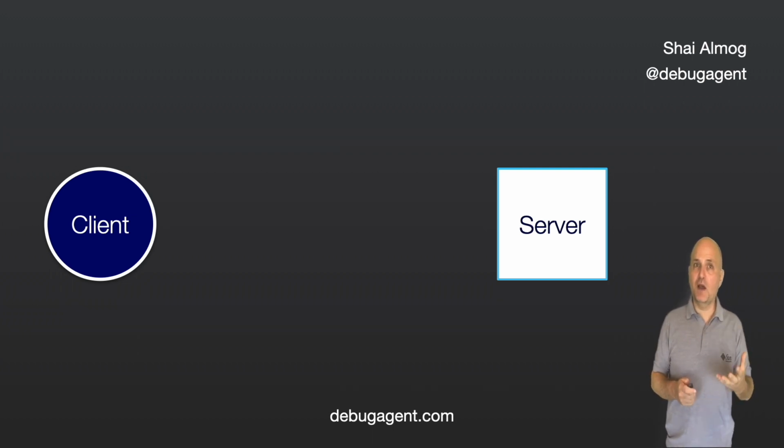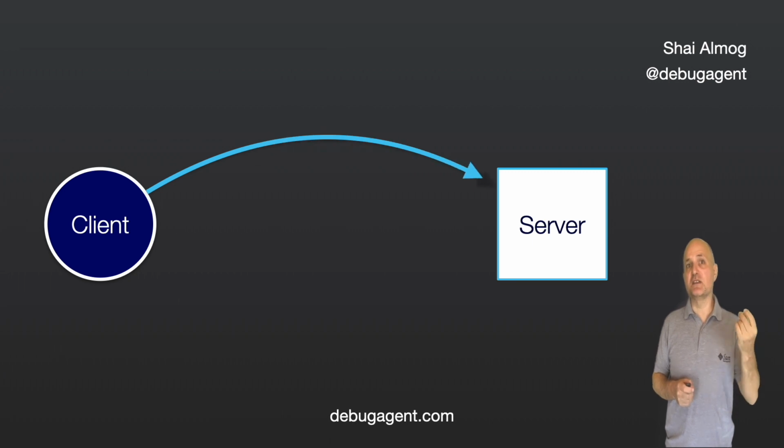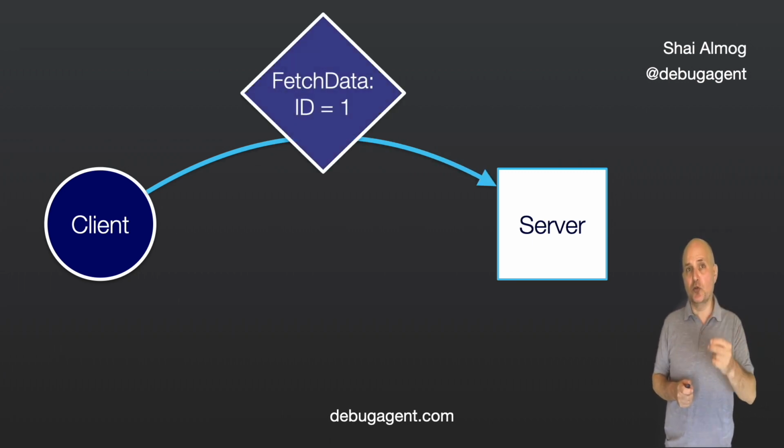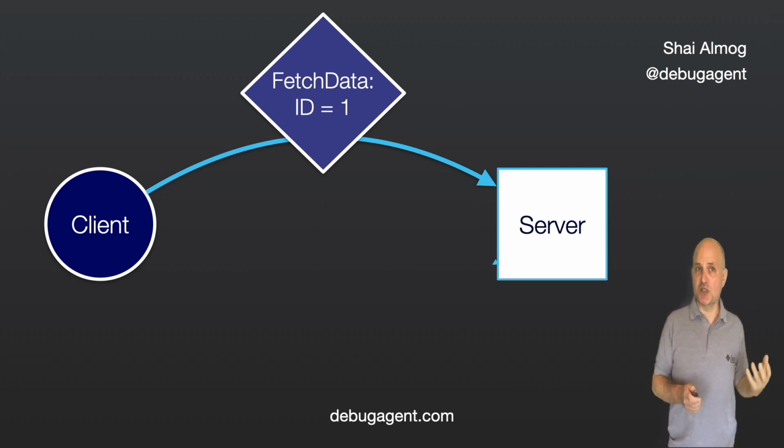Here we have a typical REST API, client and server. Simple. When the client wants data from the server, it sends a request to a determined URL with a predetermined parameter and the identity of the element we want. Something of that sort. We generally invoke an API and expect a response.